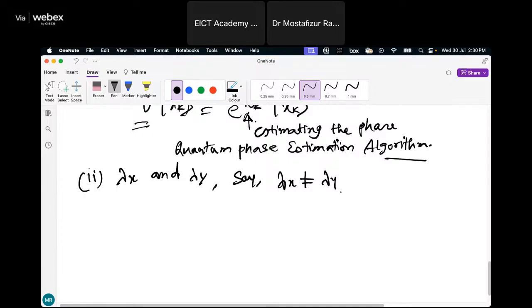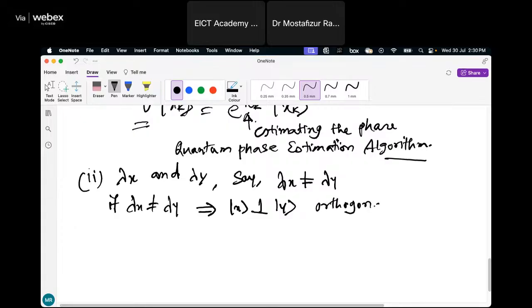Then, from linear algebra, the corresponding eigenvectors ket x and ket y are orthogonal.